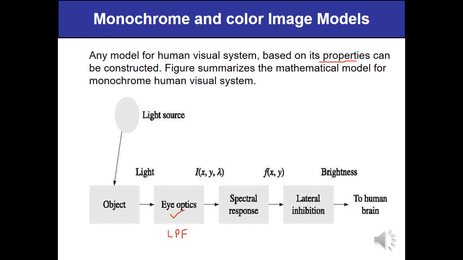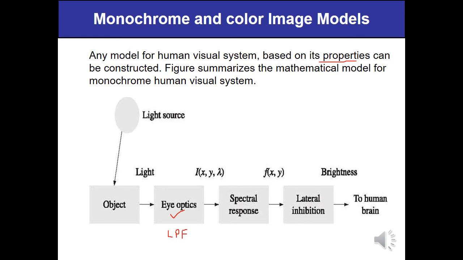The spectral response is the representation of the relative luminous function, and the output of this block is the input for another function, which has a luminous distribution.